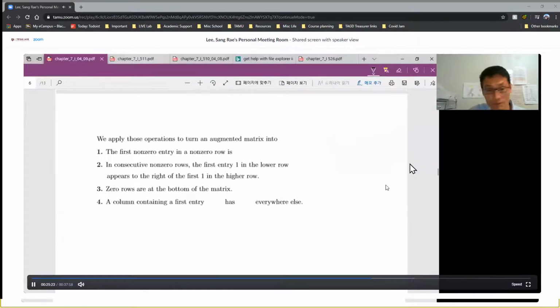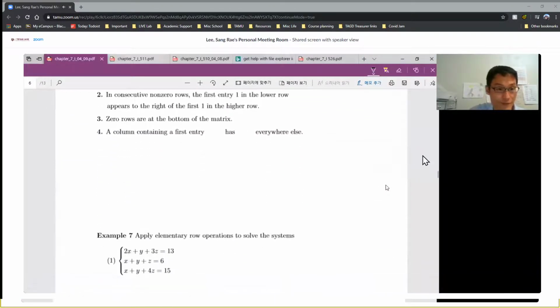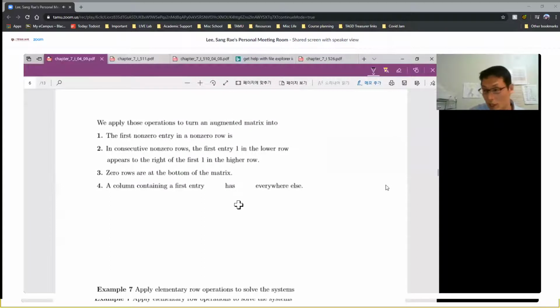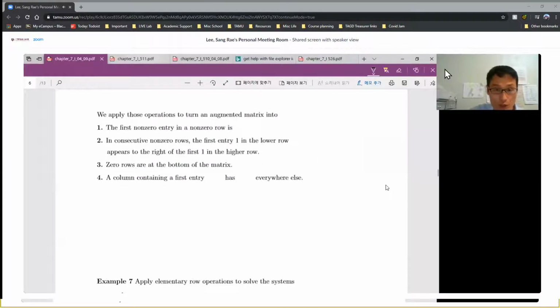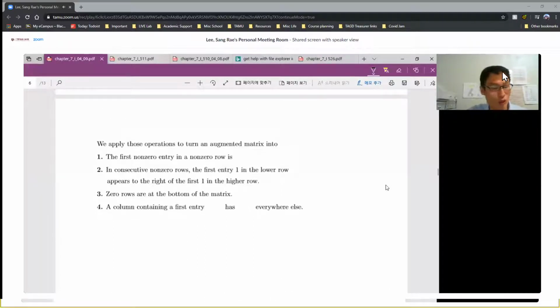I'm running out of time. Okay, probably the last item. So we apply those operations to turn the augmented matrix into something. I want to make things clear about what our goal is, and when you see it, we stop.